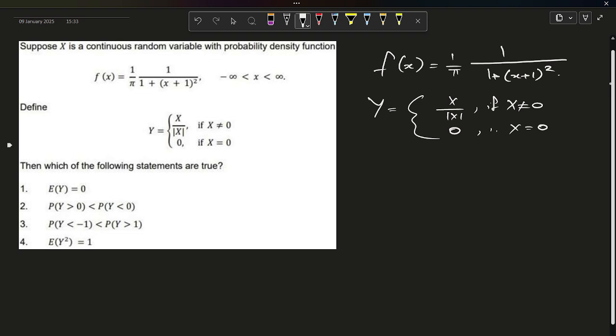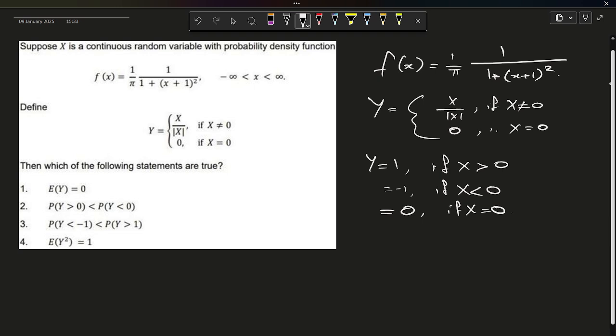So y takes the values: y will be 1 if x is greater than 0, y will be minus 1 if x is less than 0, and y equals 0 if x is equal to 0. The PDF of x indicates x follows a shifted Cauchy distribution centered at minus 1.